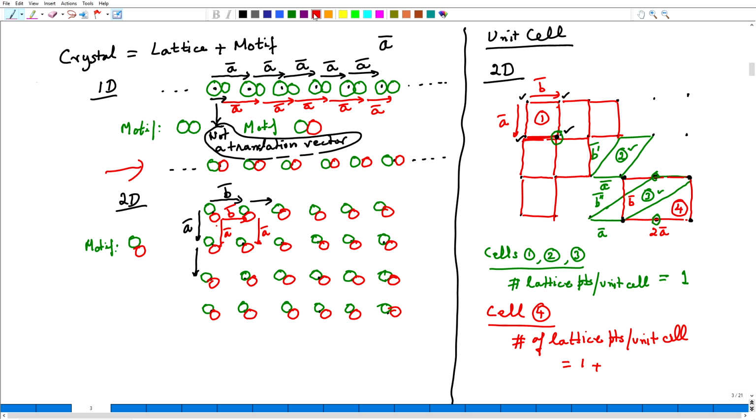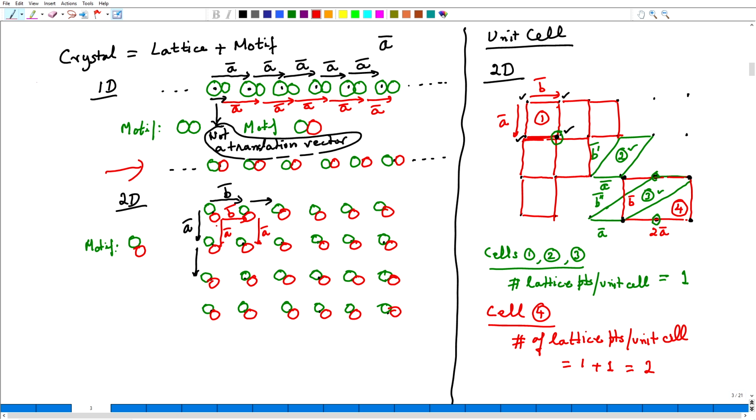So, effectively half a lattice point is there in the unit cell and there are two such lattice points, which means the contribution would be 1 from the edge center and 1 from the corners, effectively giving me 2 lattice points per unit cell.